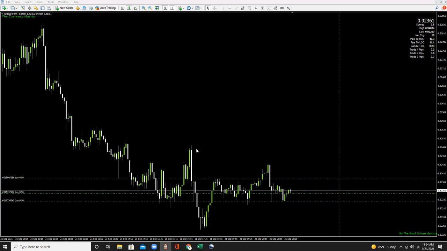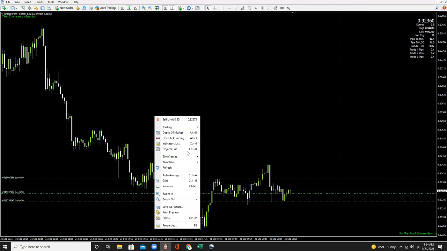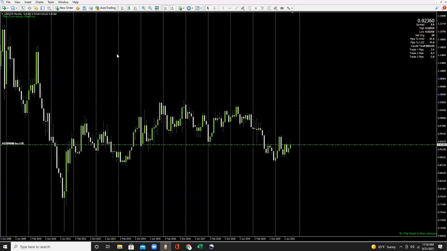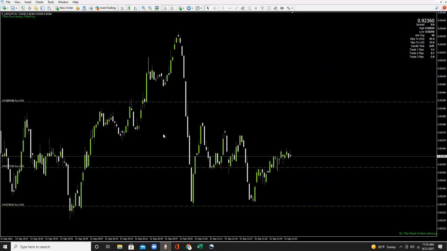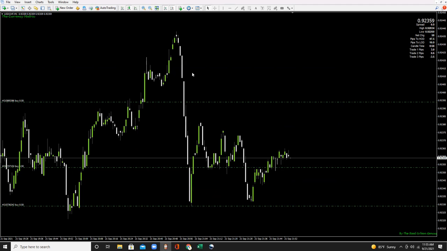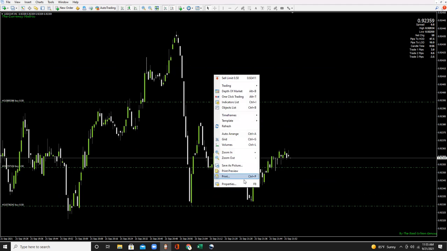The gray wicks on each candle show where price traveled during that particular time frame. Each candle is an individual trading period, all the way out to the monthly time frame, all the way down to the 1 minute.